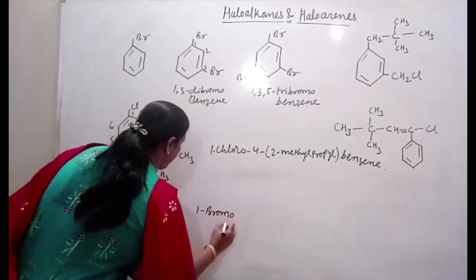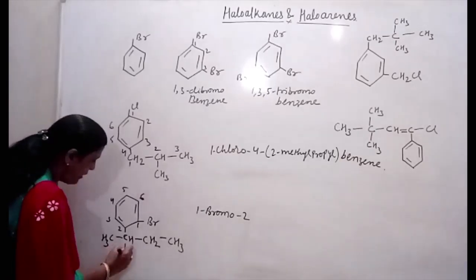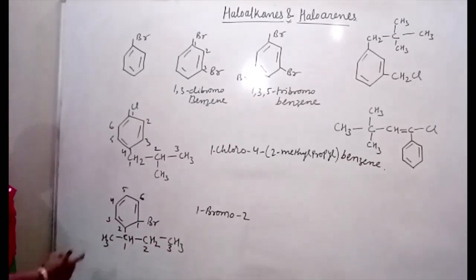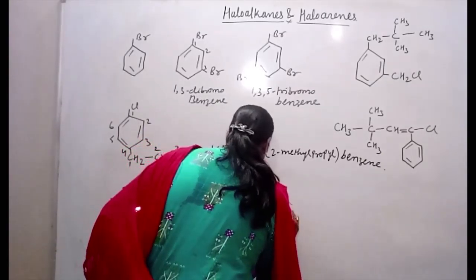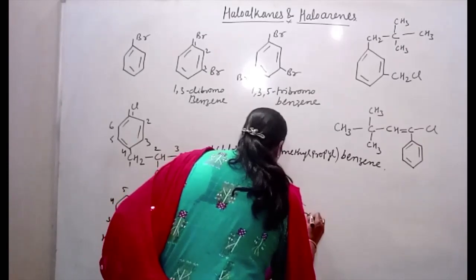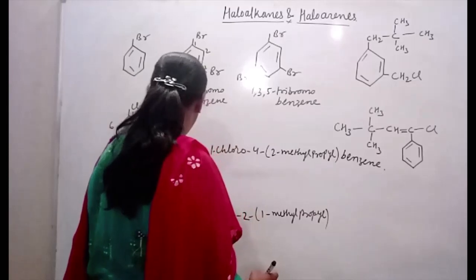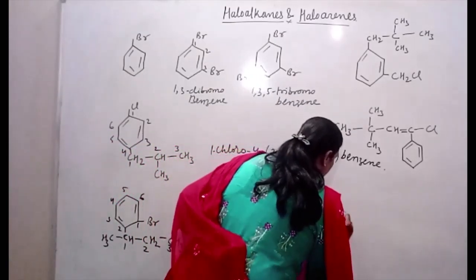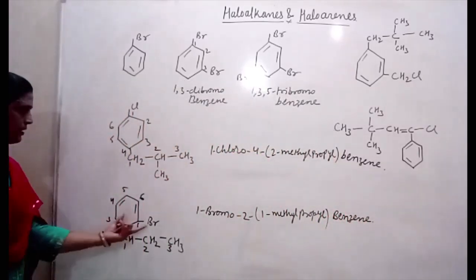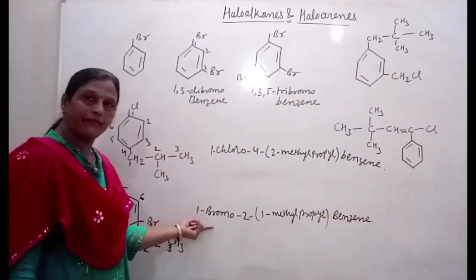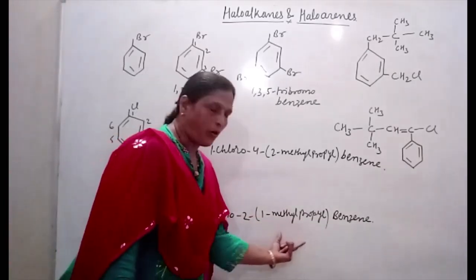The name is 1-bromo. At position 2 there is a complex group, so I write here 1, 2, 3, and its name is 1-methylpropyl. So 1-bromo-2-(1-methylpropyl)benzene. Bromo comes first in alphabetical order, so I write bromo first, then I write this complex group.